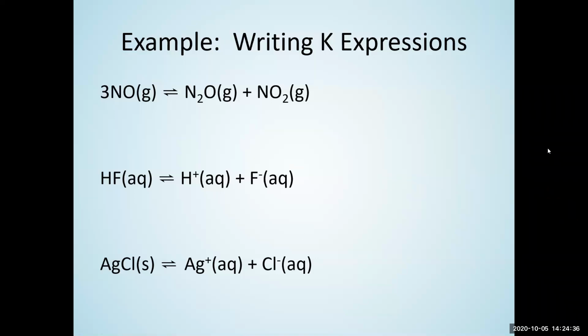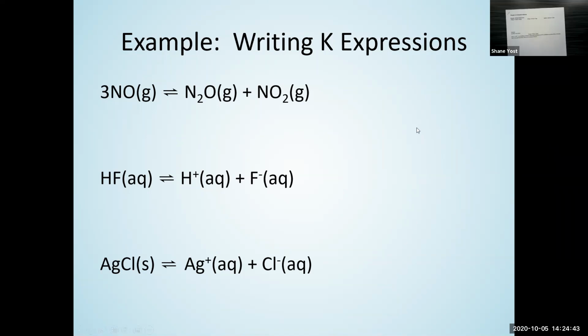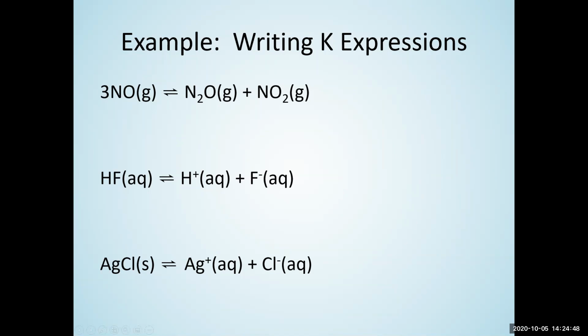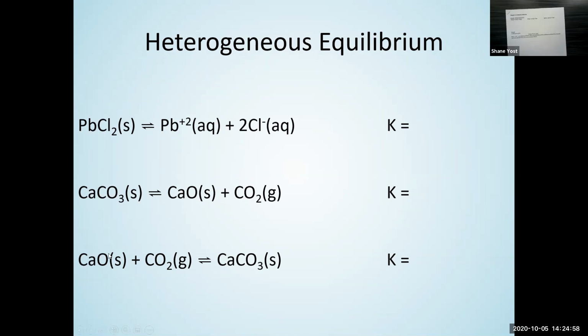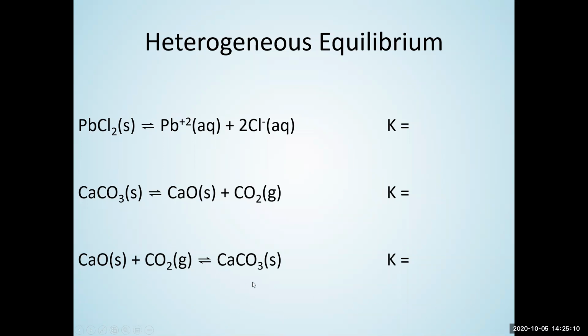I just had a quick question. For the last slide, for the CaO plus the CO2, why was the K written as 1 over CO2? Because in this last reaction, CO2 is a reactant, and the reactants always go in the denominator.